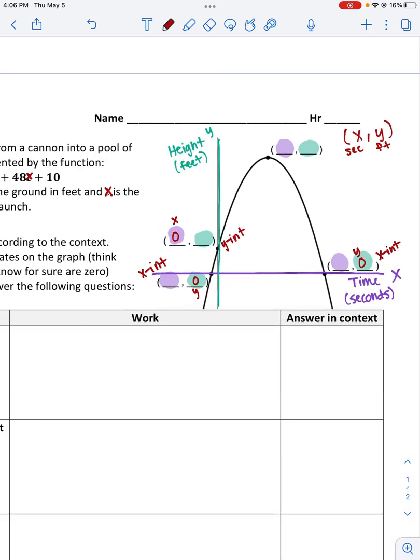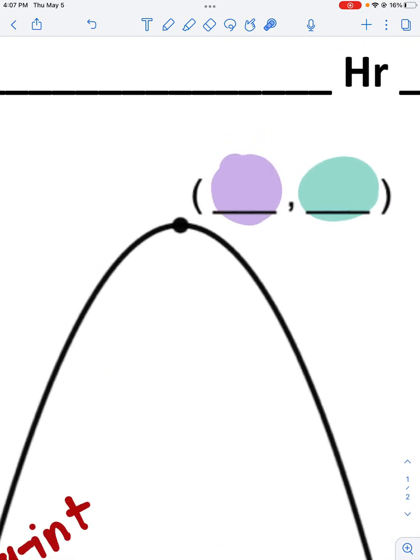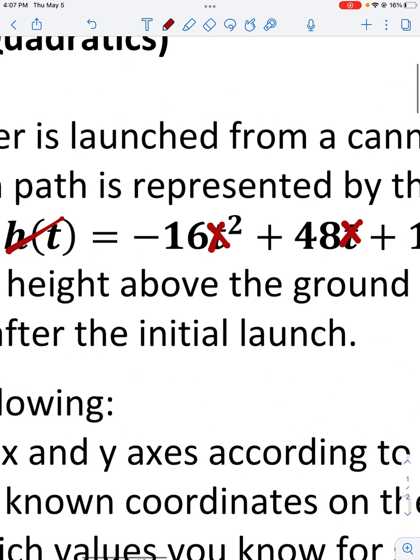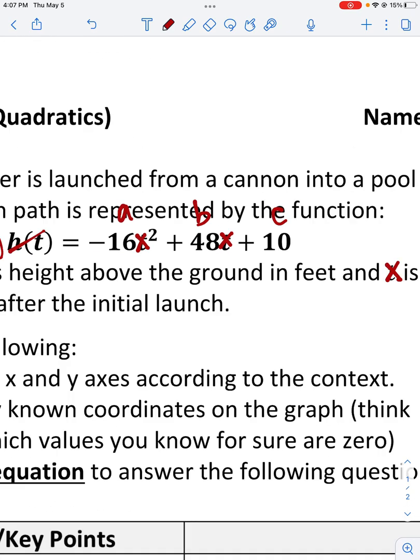the coordinates of my vertex, we can't fill in automatic numbers like we can for intercepts, but we do have a formula for finding the x, and that is based on my a, b, and c values from the equation.